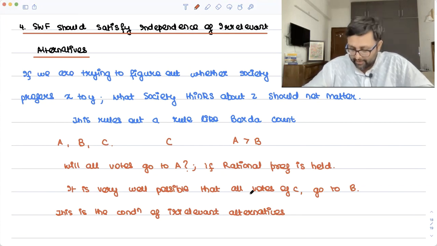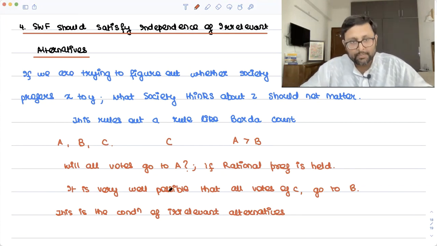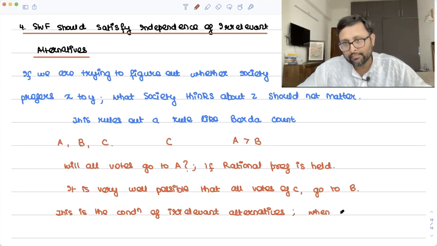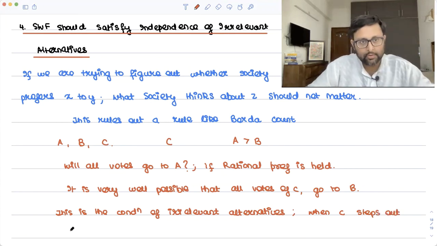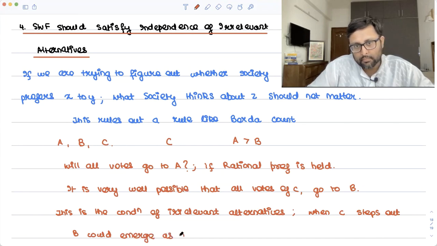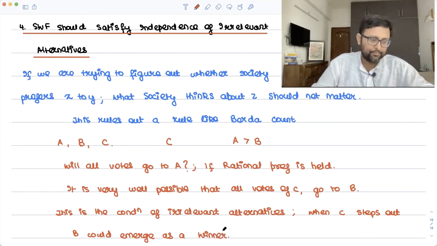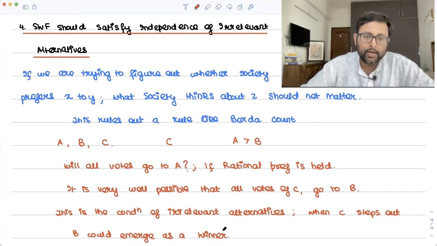There's a condition of irrelevant alternative. So when C steps out, B could emerge as the winner, right?